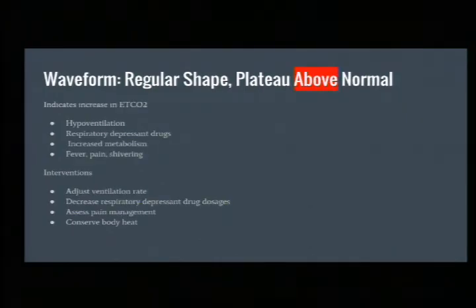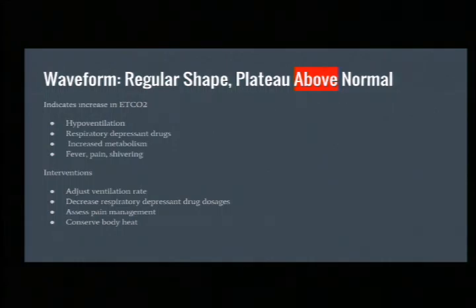Now if your plateau is above the normal range, then they're hypoventilating. They've had respiratory depressant drugs on board, or fast metabolism. You think about that if you've given them, or if they've taken, any kind of stimulant drug, meth, PCP, all of those are going to have a high metabolism, or they're shivering, they have a fever.